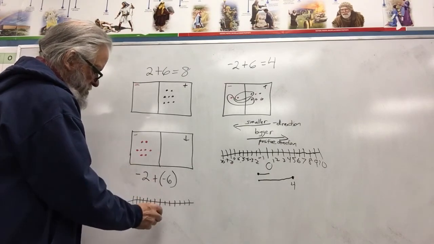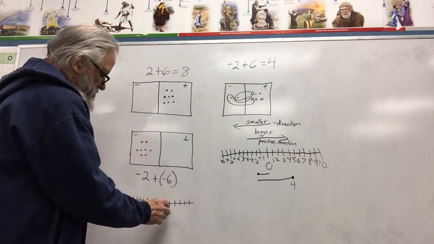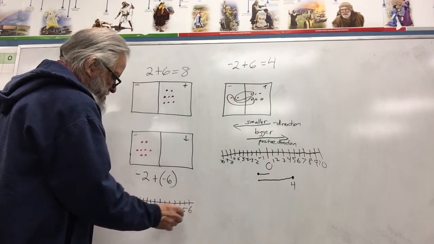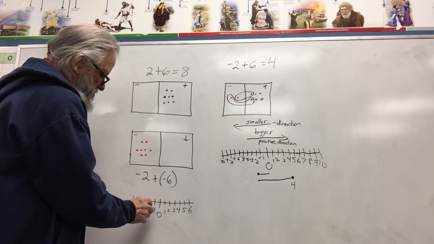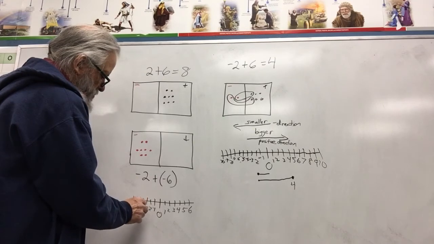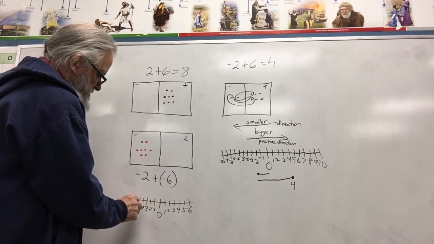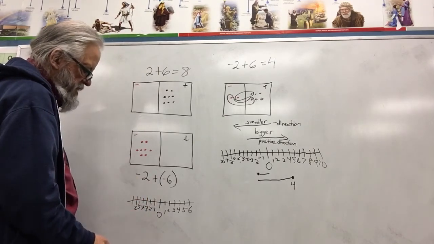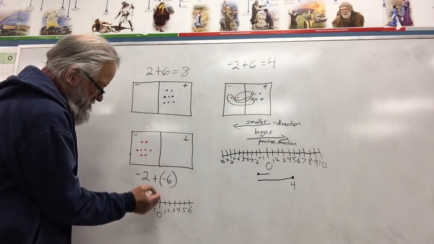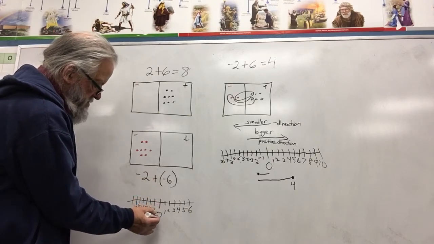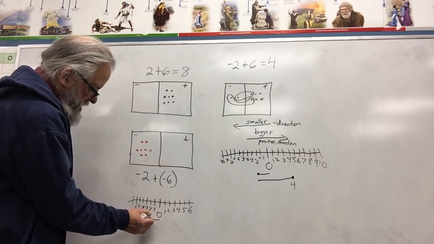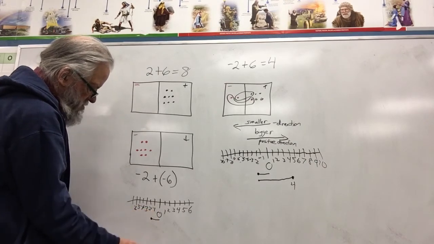So, for instance, on this one, if that's 0, 1, 2, 3, 4, 5, 6, and this is -1, -2, -3, -4, -5, -6, okay? And so notice, I'm starting off with a -2, so I start at 0, and I go to -2, that's -2.